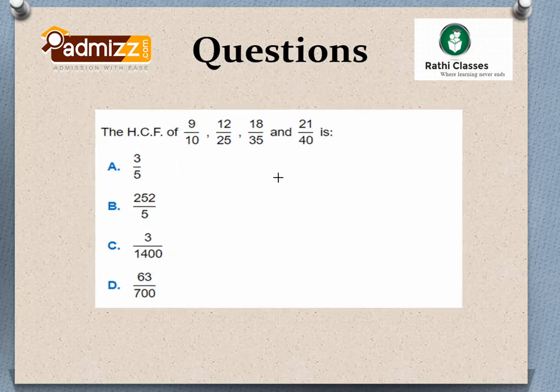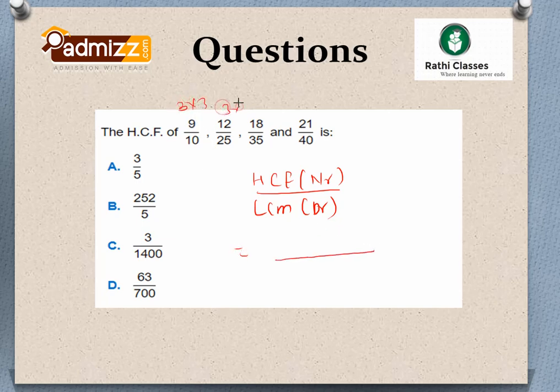In this type of problem, we take the HCF of the numerators of all values divided by the LCM of the denominators. The numerators are 9, 12, 18 and 21, that is 3 into 3, 3 into 4, 3 into 6 and 3 into 7. So 3 is common among all, so I'll write 3.